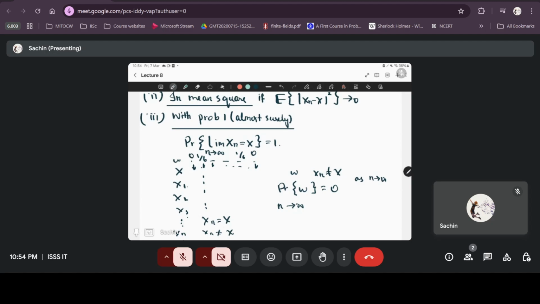So in that case, we say that Xn converges to X almost surely. It's not that Xn takes the same value as X everywhere. It's that wherever Xn doesn't take the same value as X, that particular event won't occur at all.